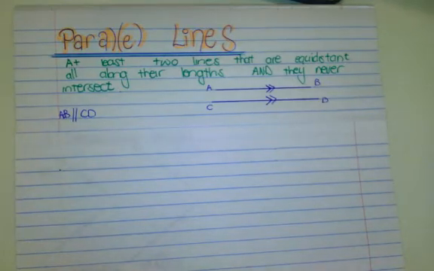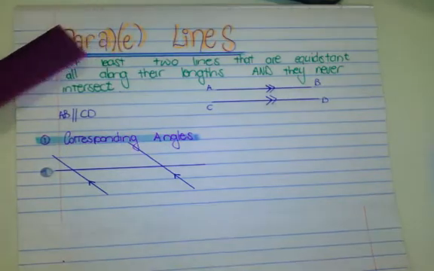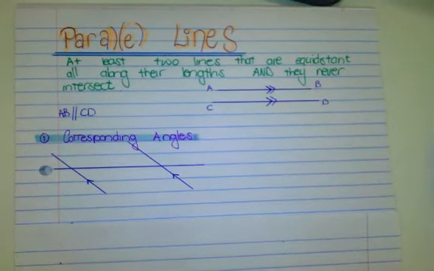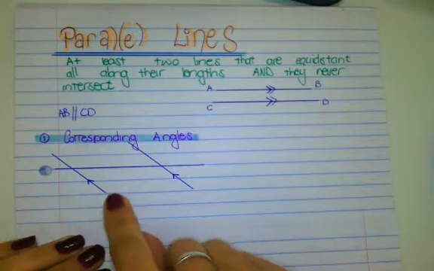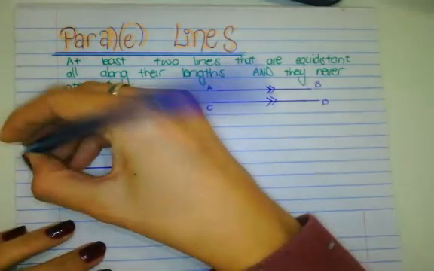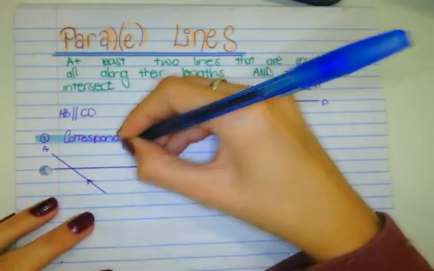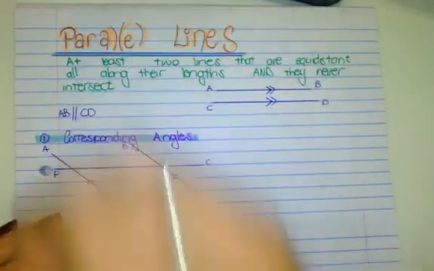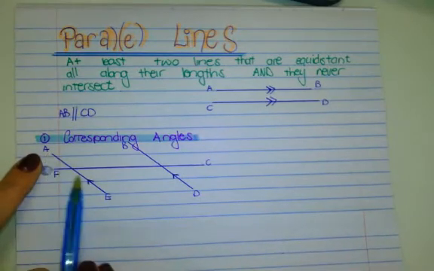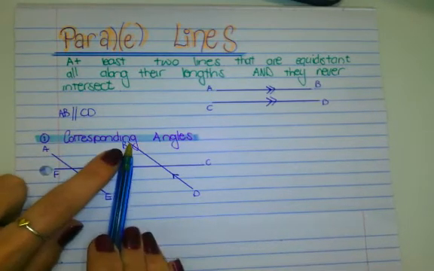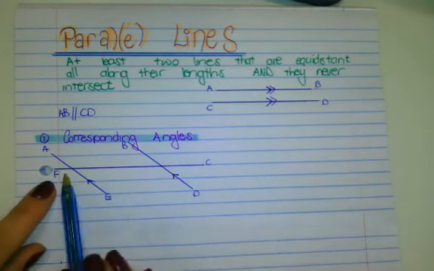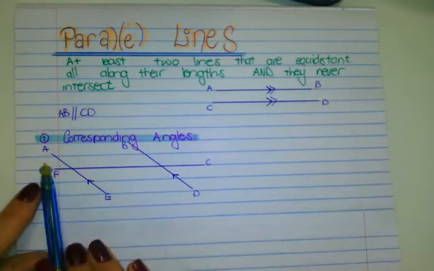Now we're going to look at the different laws. Our first law is about corresponding angles. I've drawn ourselves a set of parallel lines, that line and that line. Let's label them: point A, point B, point C, point D, E, and F. Can you see here that AE is parallel to BD, and this line FC cuts through both of them, and this line actually has a fancy name.